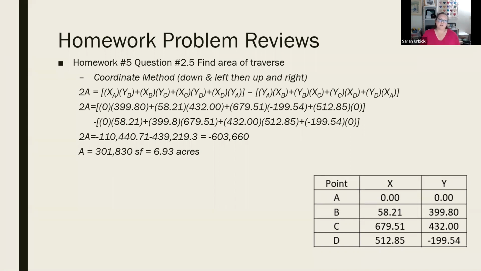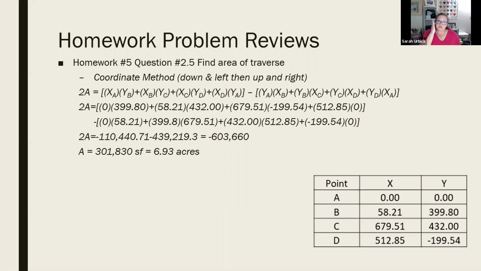So following that methodology out, we're just breaking the project down into manageable trapezoids where we can take the area, something that we know. You can do triangles too. This is what we came up with: almost 7 acres for the area that we had.